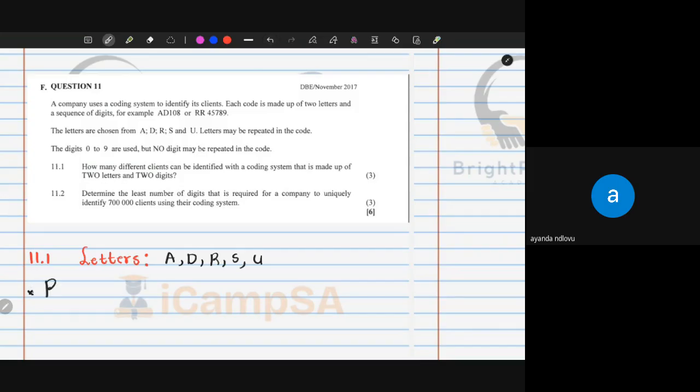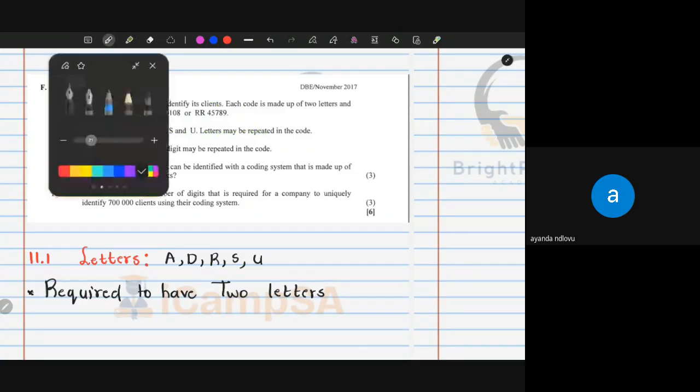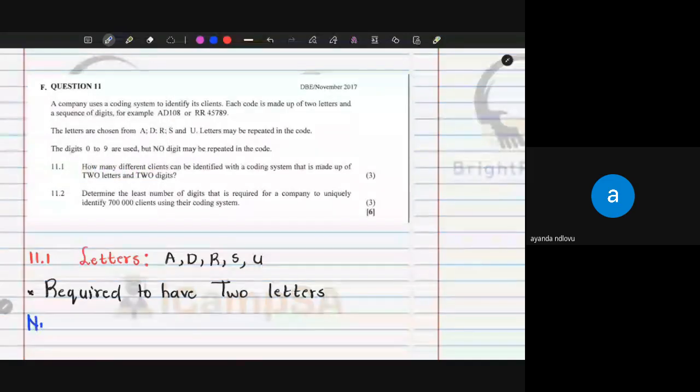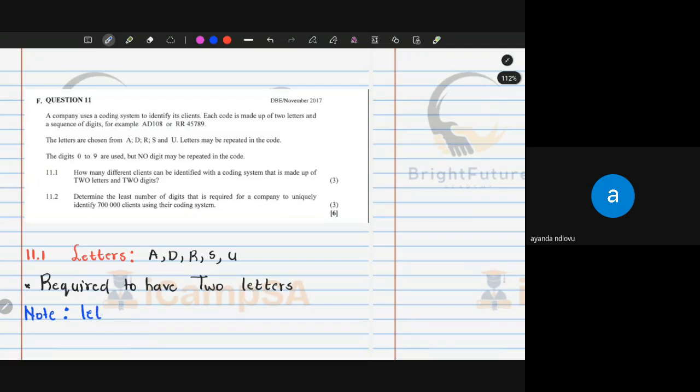So we are required to have 2 letters. So we can only use 2 letters. And they say we can repeat the letters. Let's have a look. The letters may be repeated. So another note we need to make, that one, very important. So note, they told us that letters may be repeated.